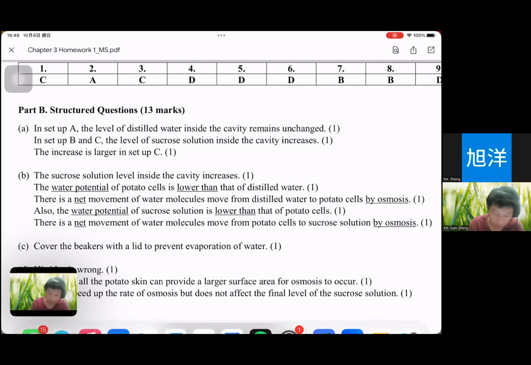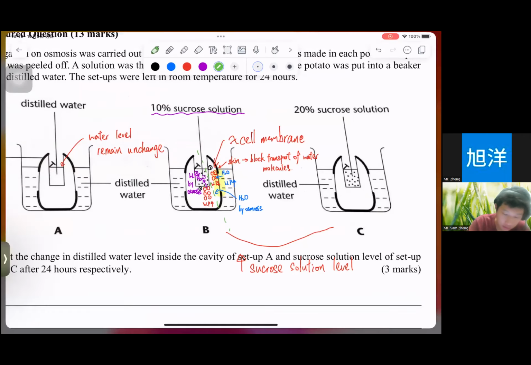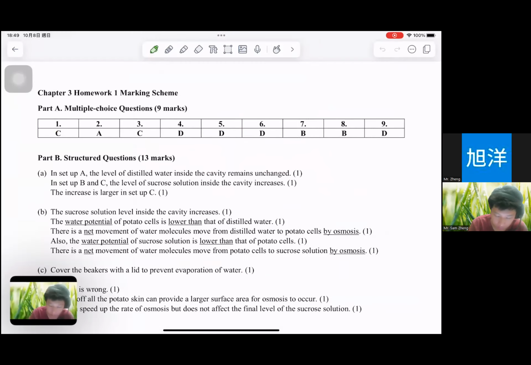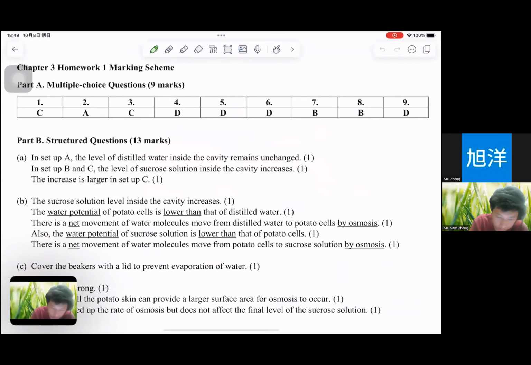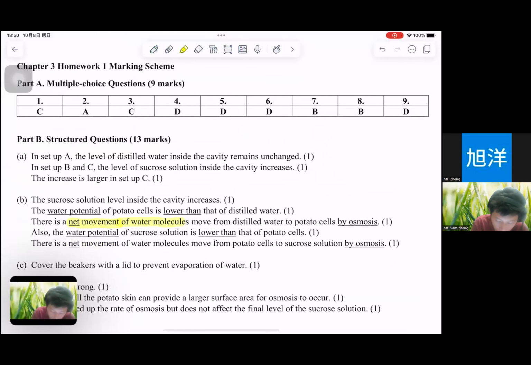Let us highlight the marking scheme: a net movement of the water molecules from the distilled water to the potato cell, which refers to our first osmosis.